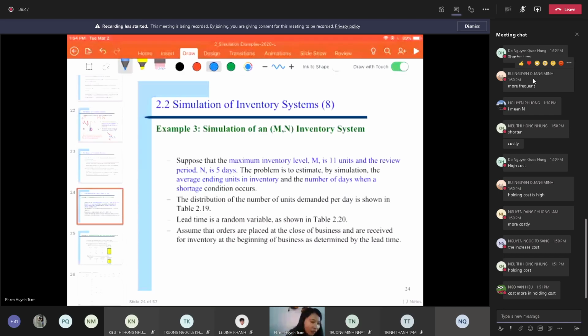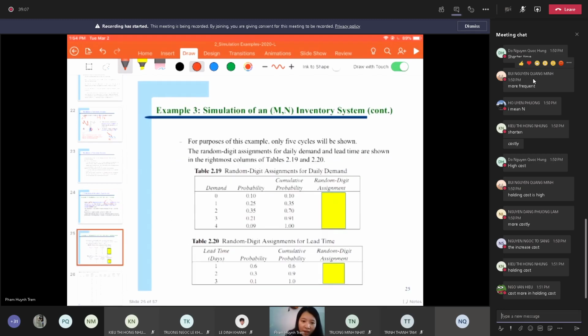So let's say we try this policy where we set M, the maximum level, to 11 units and the review period to 5 days. This is what we want to try to see what happens with this policy, and this is what we have from the demand and the lead time of the suppliers.